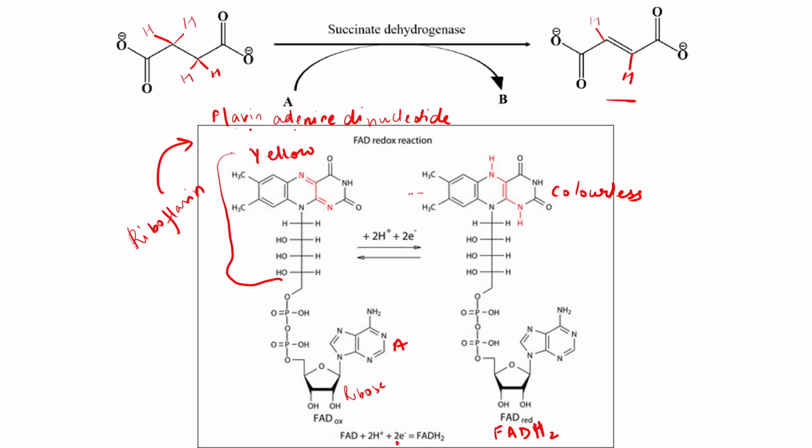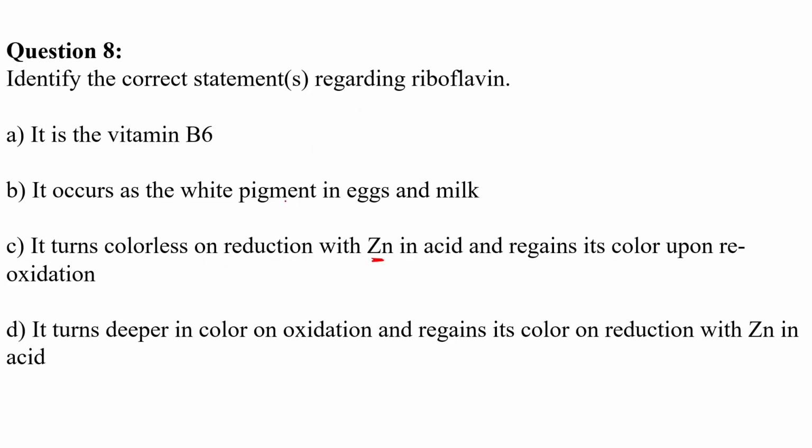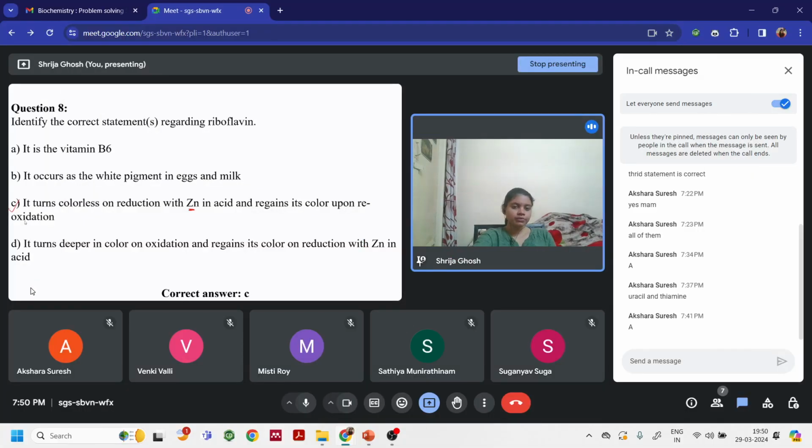When the reverse reaction is done, these hydrogens are removed and it turns into riboflavin that has a yellow color. So it will regain the color. When reduction with zinc happens, zinc turns into Zn2+, and then it comes back to the Zn0 state, and riboflavin can regain its color. The correct answer is option C. This is clear, how riboflavin has the color.